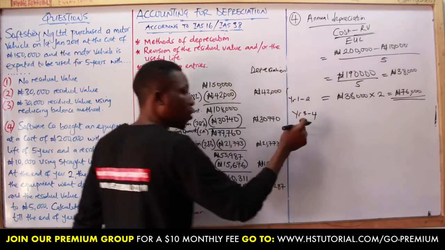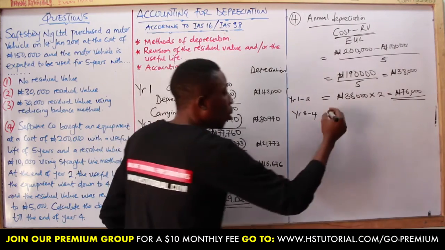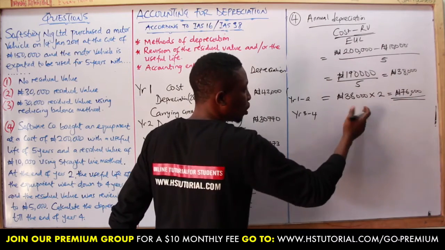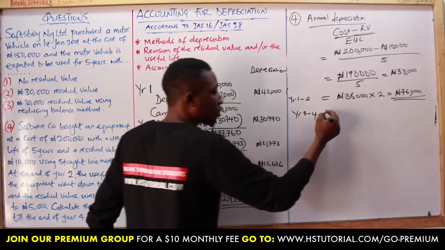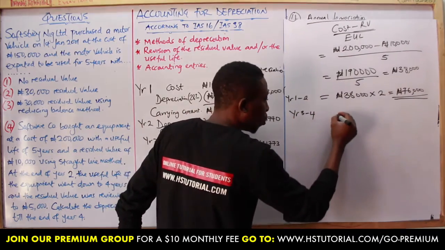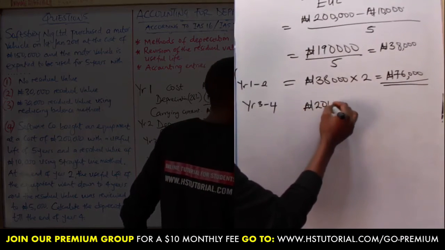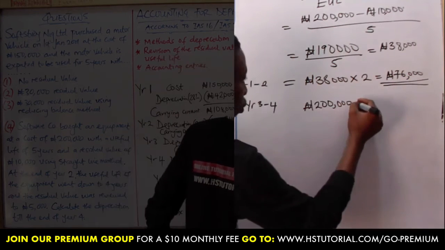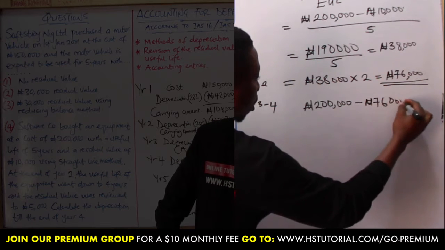So now let's solve. It will now be from year 3 to year 4. How do you get the amount that will be remaining, the carrying amount at the beginning of year 3? You will have to say the cost is 200,000 naira, minus 76,000 naira.